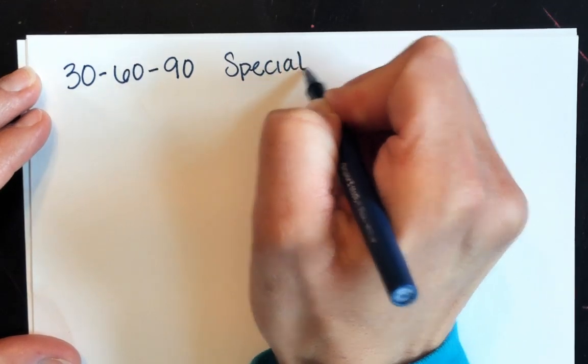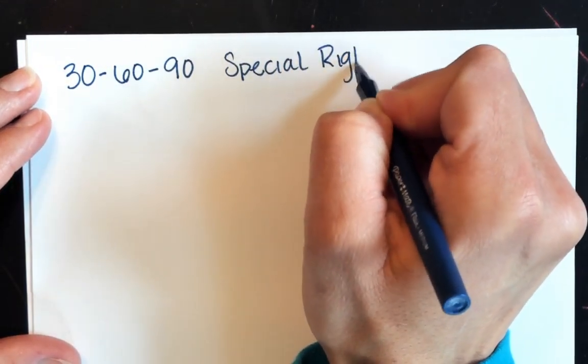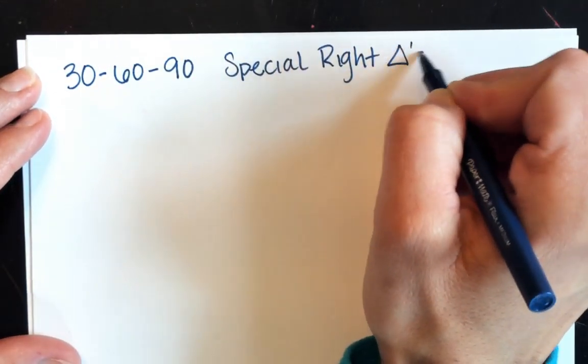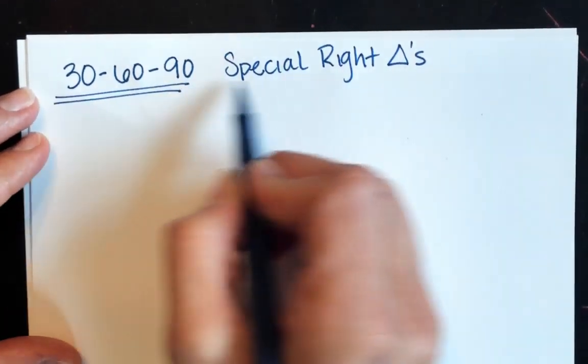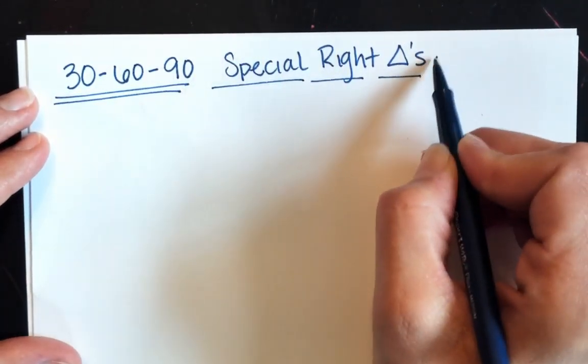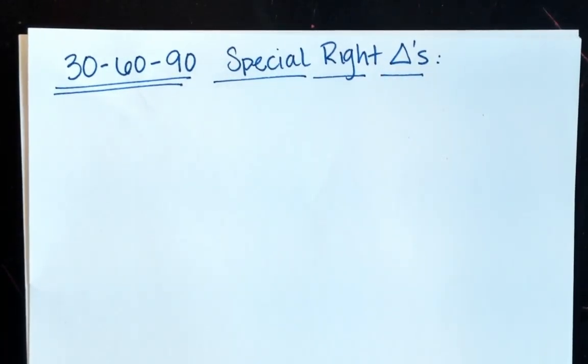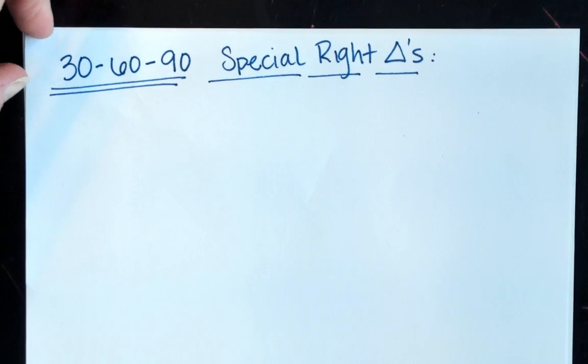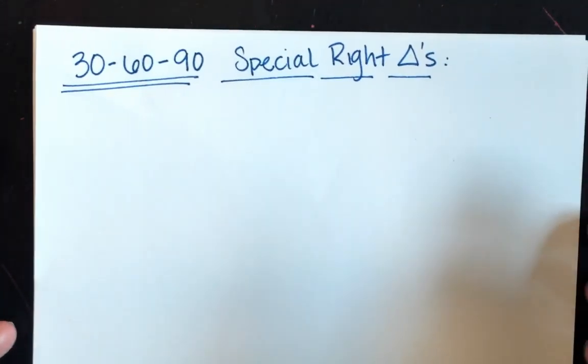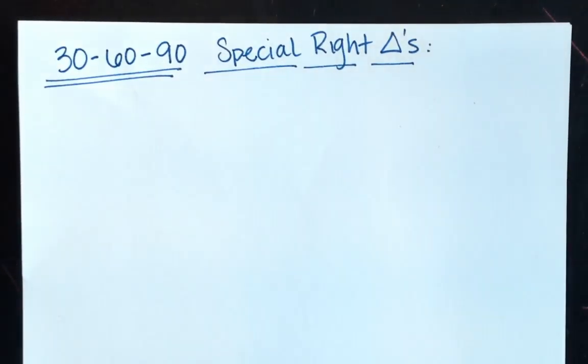It's the only other special right triangles that we have. Now, I'm not going to go through the Pythagorean theorem example on how you could use the Pythagorean theorem with this. It's honestly very involved.